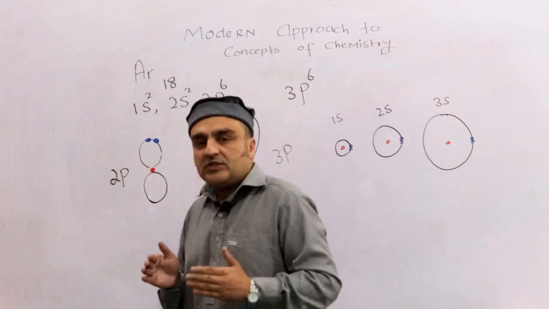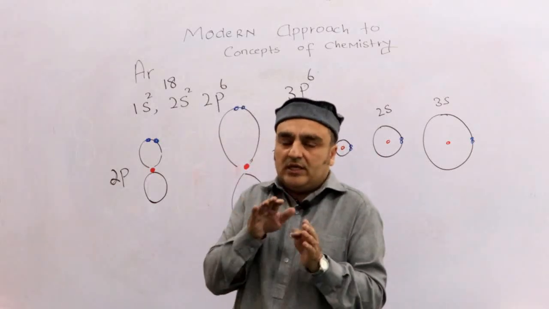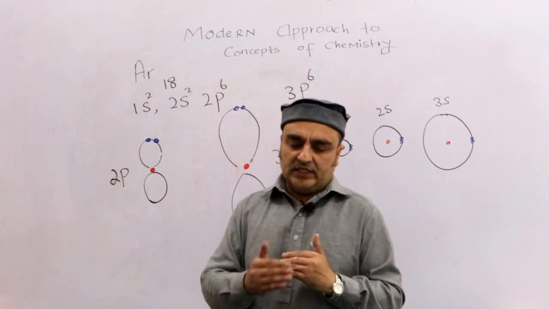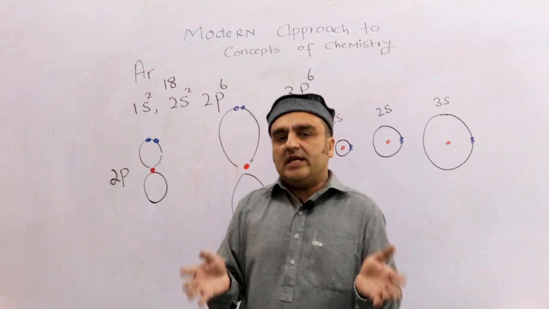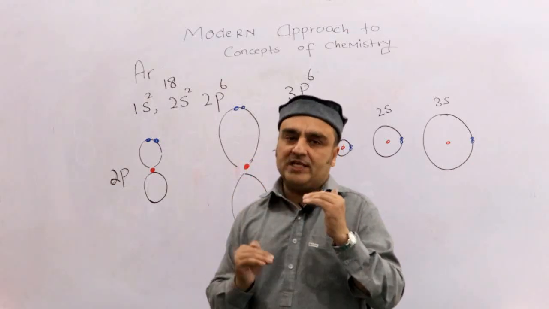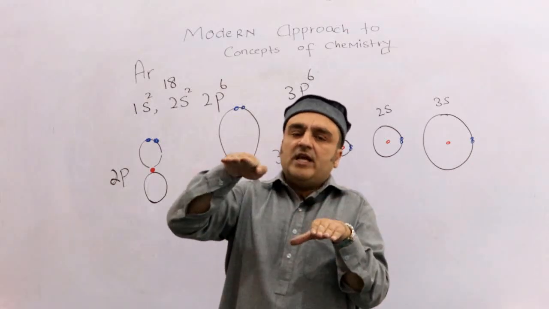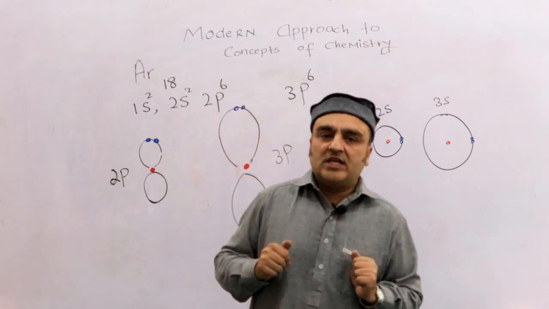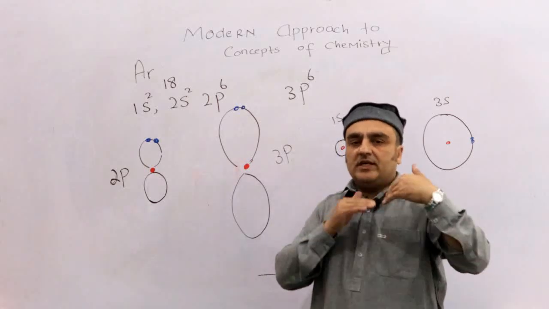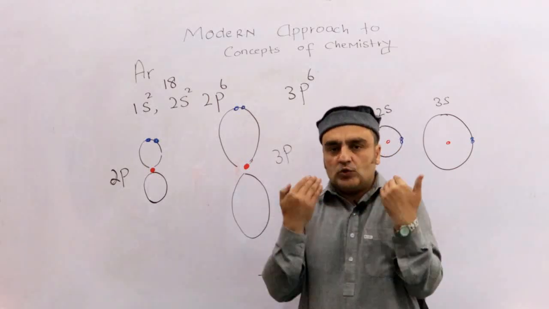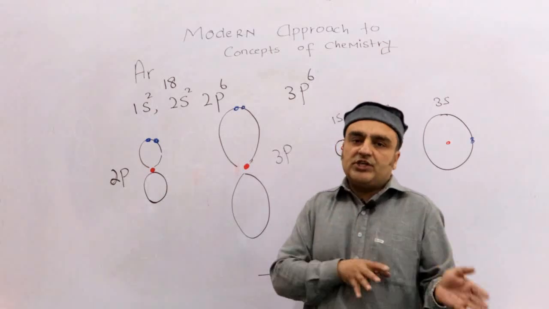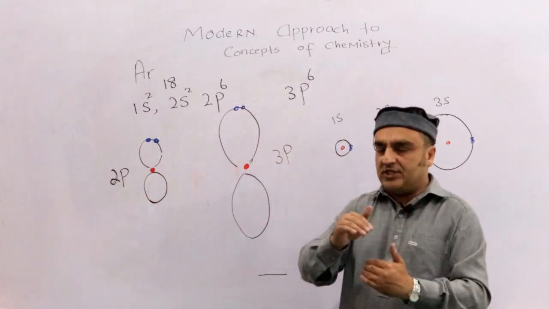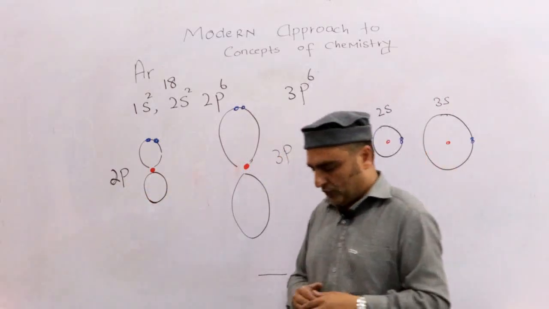Because we will be studying more complex concepts in other lectures, I am starting from the very basics, and we will move a little more advanced each time. My aim is to make you understand what reality is. So we are studying energies: the 2p orbital has less energy and the 3p orbital has more energy.